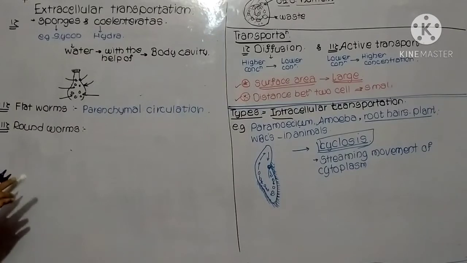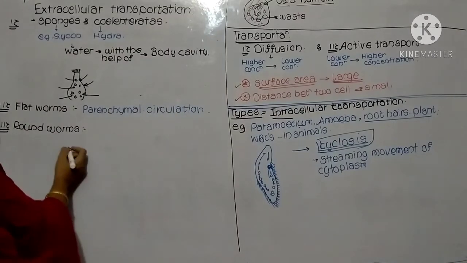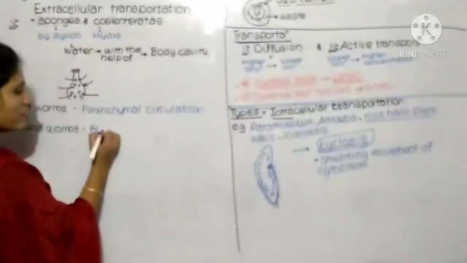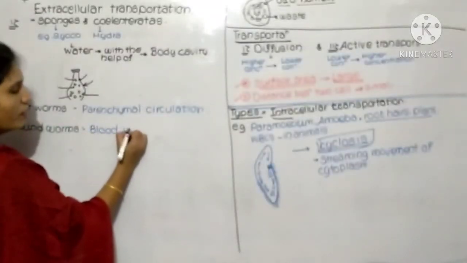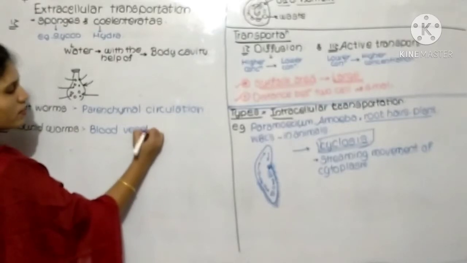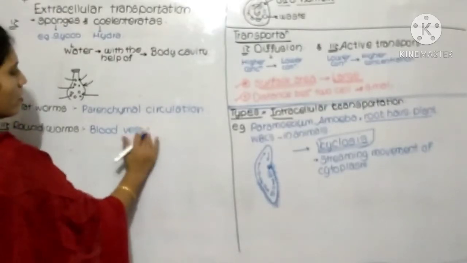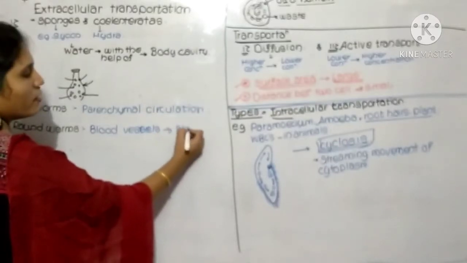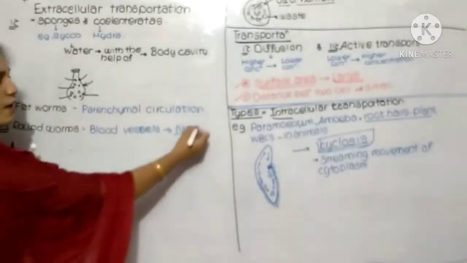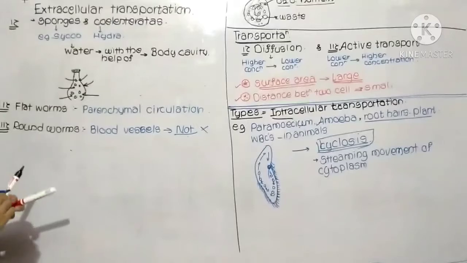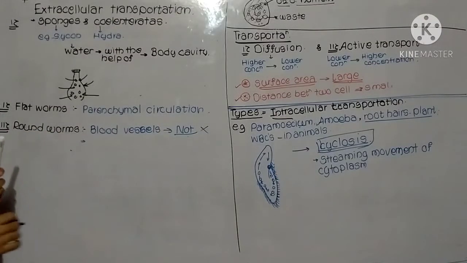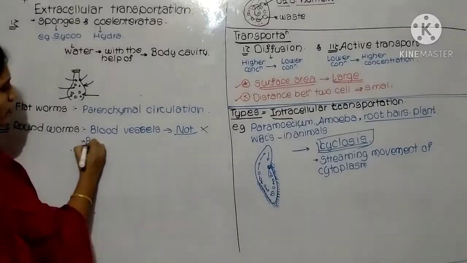In the roundworms, the blood vessels are absent. They are not present over there. Due to the absence of blood vessels, there is a movement of body fluid.